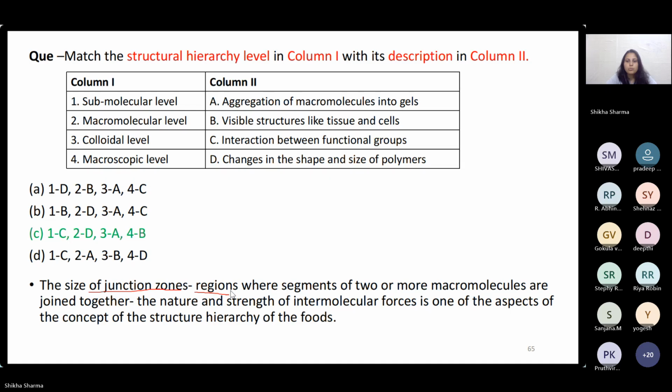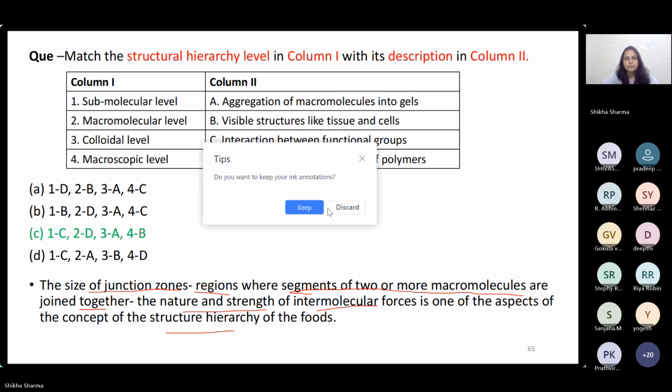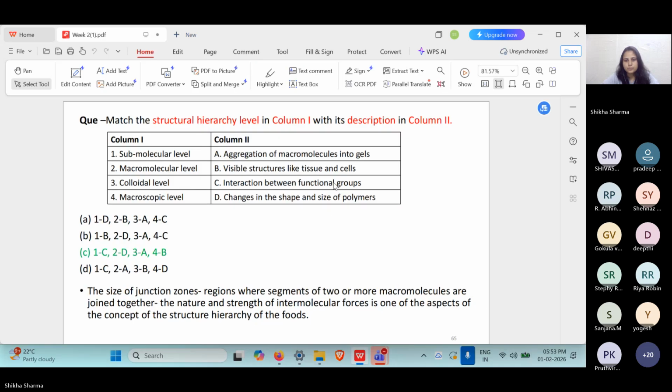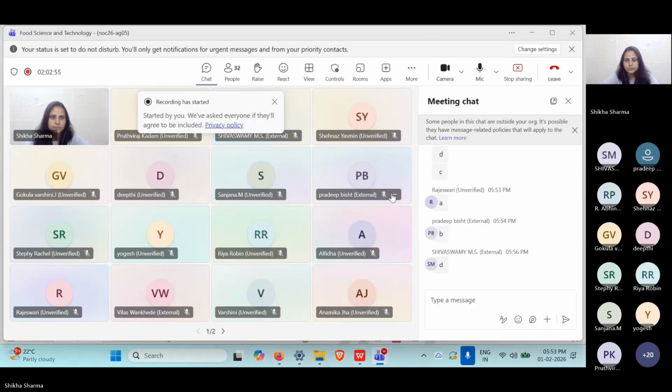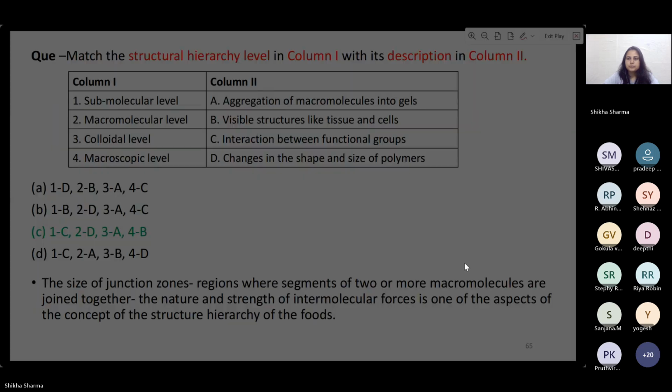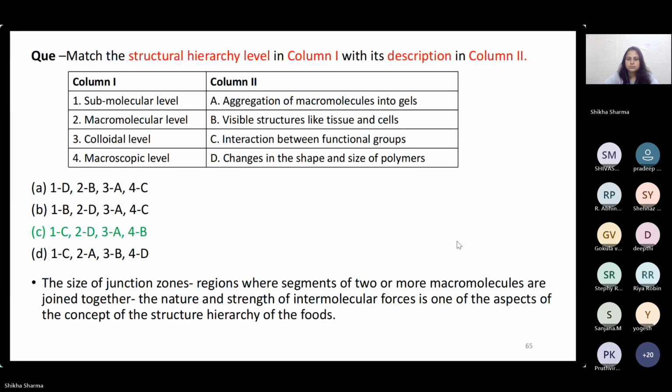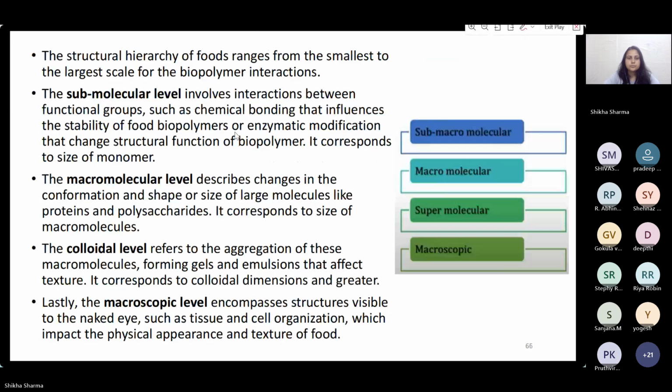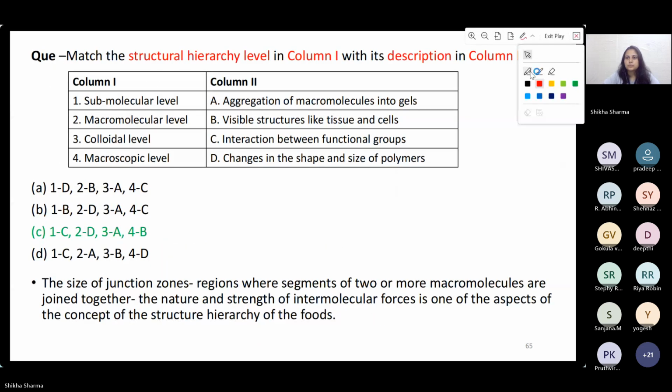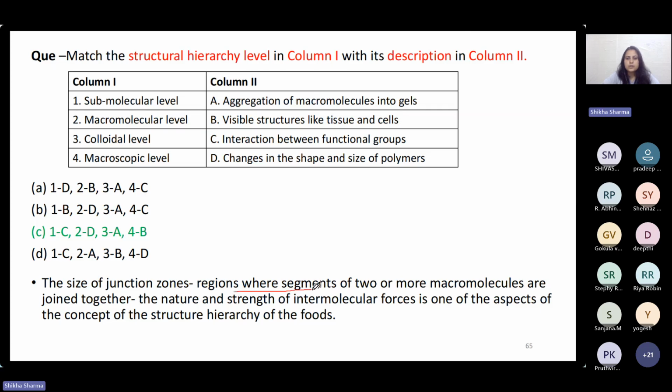So when two or more macromolecules are joined together, those are the junction zones.